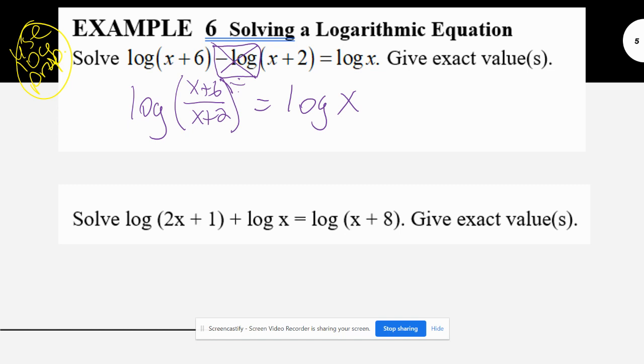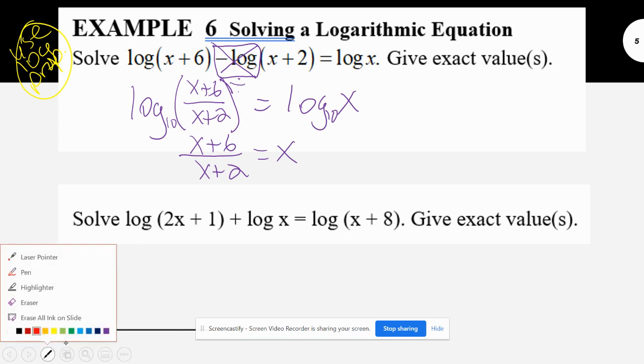Now that these are both log base 10 of something, just like bases, we set the exponents equal to each other if we have like logs, and we set the stuff on the right side equal to each other. X plus 6 over x plus 2 is equal to x.